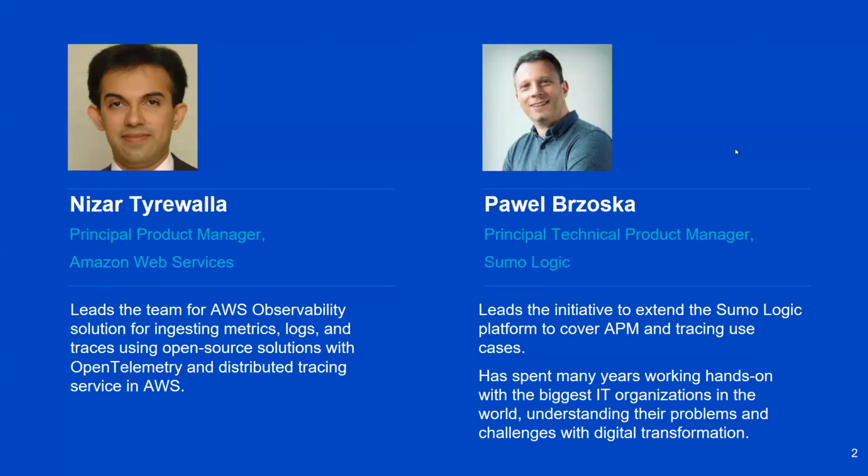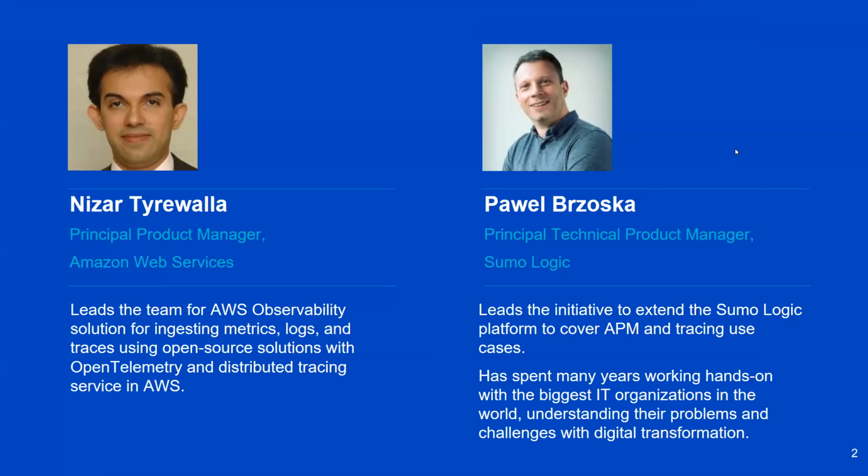We have two really great speakers with us today. First, I want to introduce Nizar from AWS. He's the principal product manager from AWS, and he leads the team for AWS observability for ingesting metrics and logs and traces using open source solutions like OpenTelemetry.